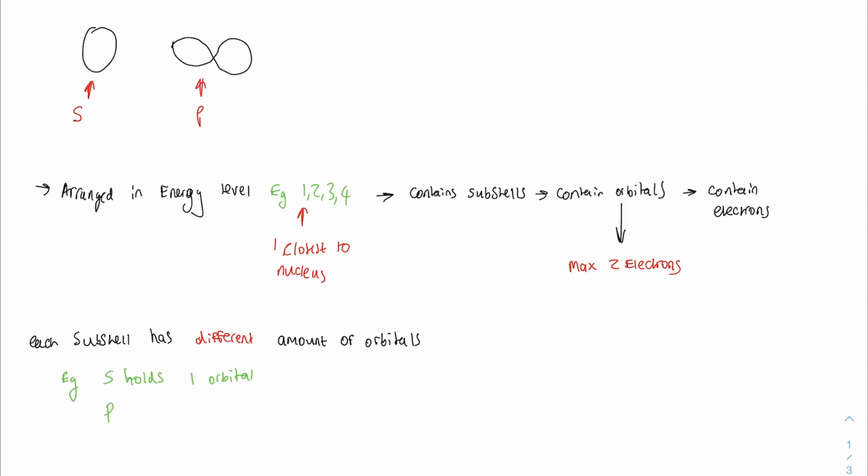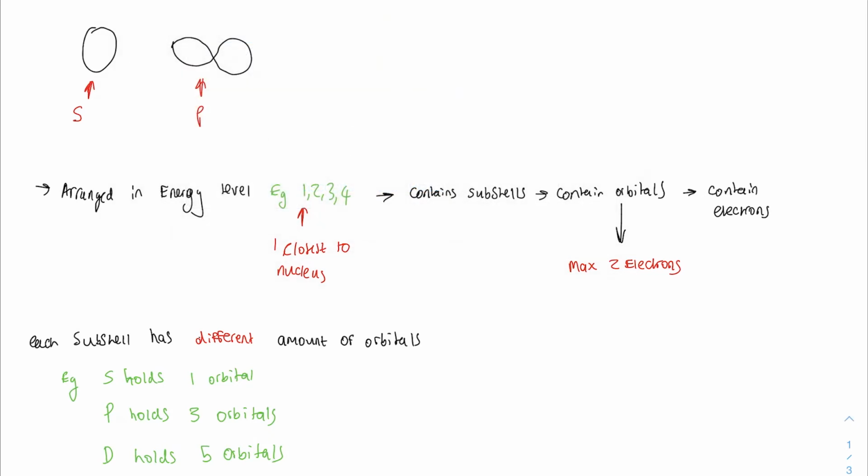A P subshell holds 3 orbitals. A D subshell holds 5 orbitals. And an F subshell holds 7 orbitals.